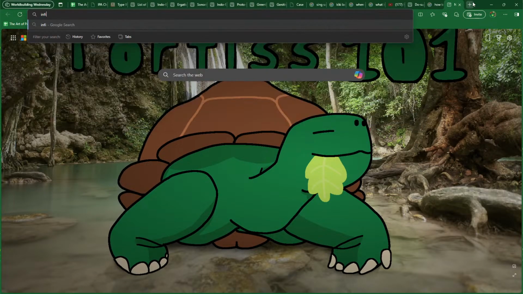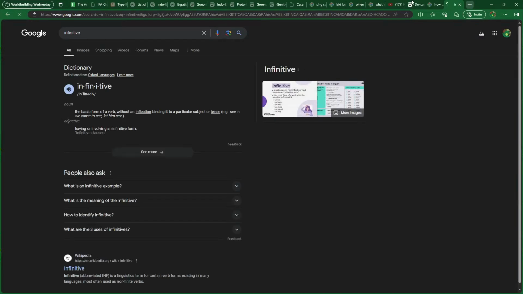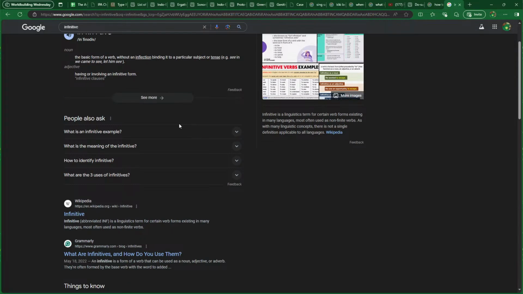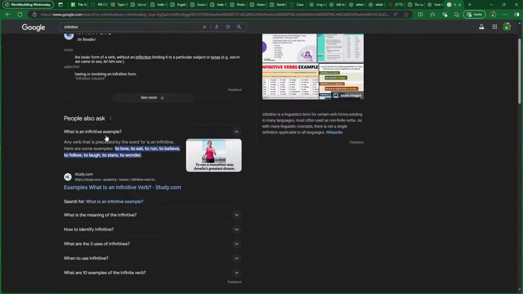I need to look up infinitive because I still don't understand the infinitive. Without an inflection binding it to a particular subject or tense. To love, to eat, to run, to believe.